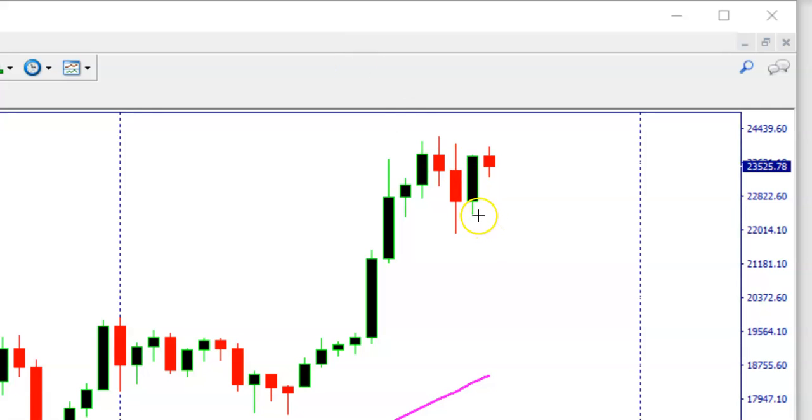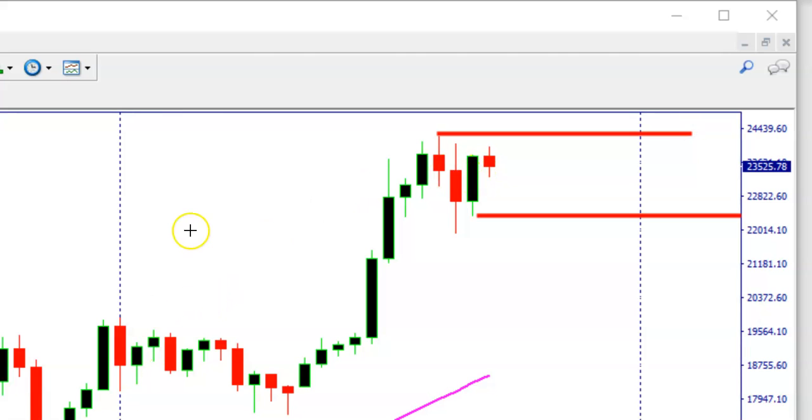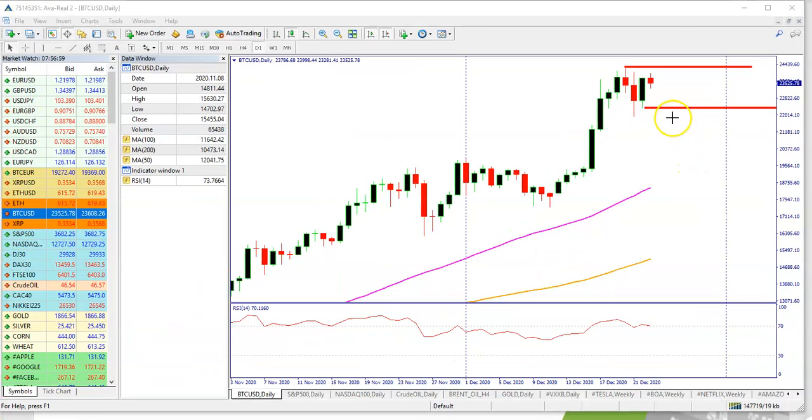So as long as the price stays above this particular price level, which is the low of yesterday, we have a much greater chance for the price to break above the highs of all time. So this particular high. The focus among investors and traders is very much going to be in between these particular zones, these particular price areas.